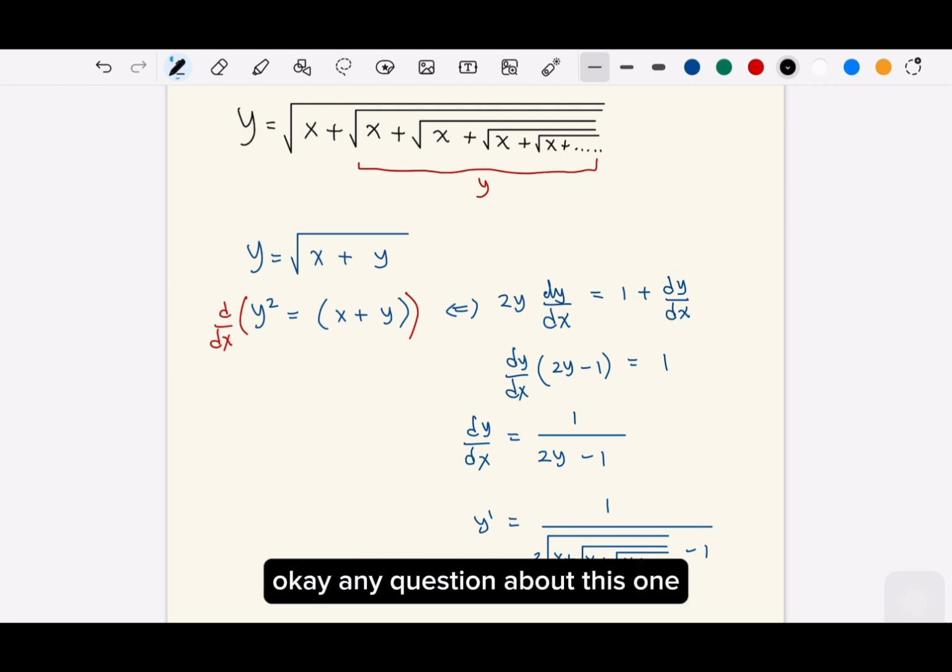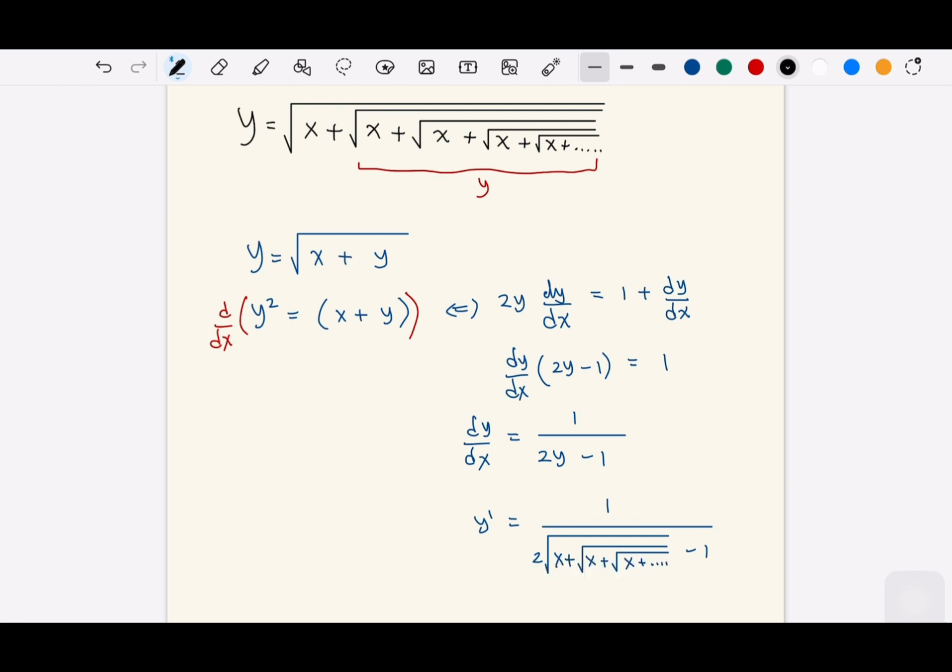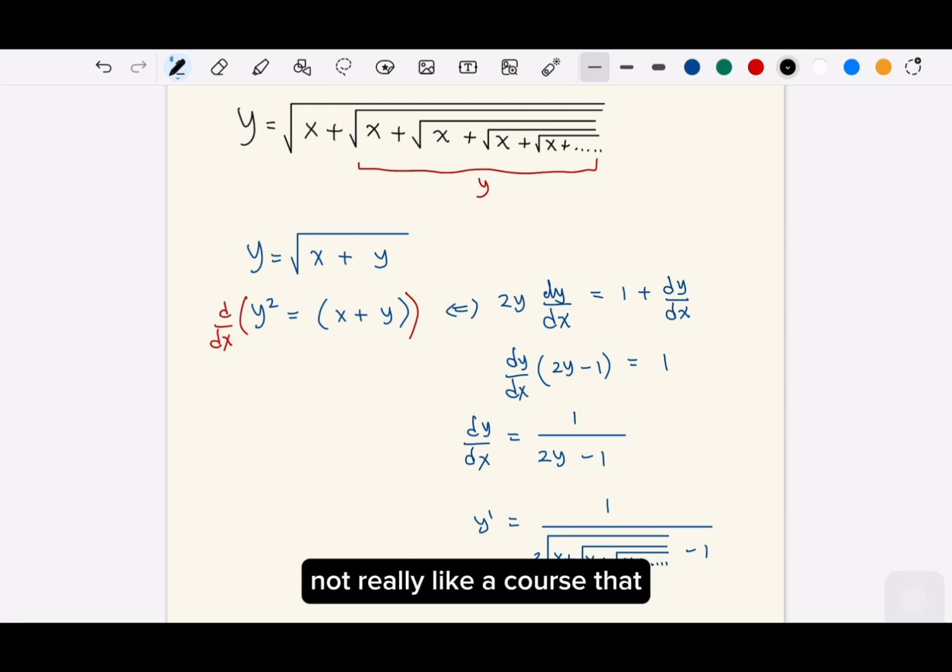Okay, any question about this one? I hope not too many, because this is actually a tricky question. Not really a question that is mostly going to be asked in a regular exam.